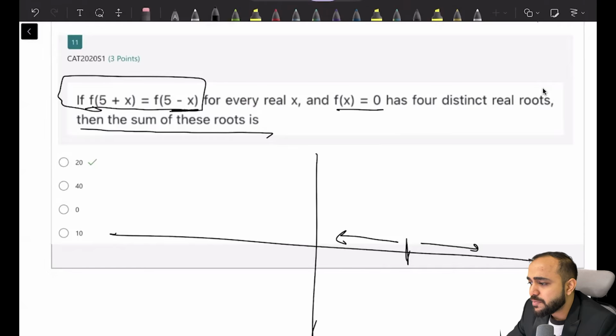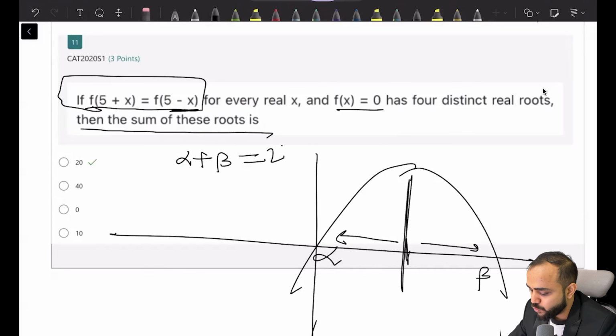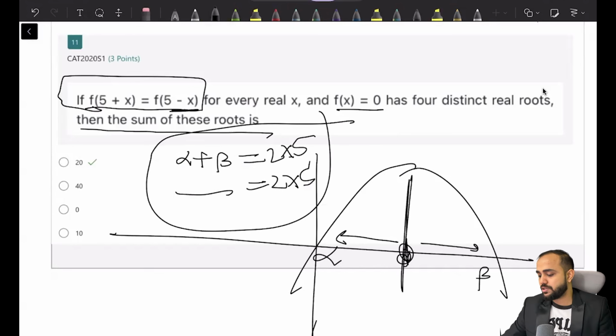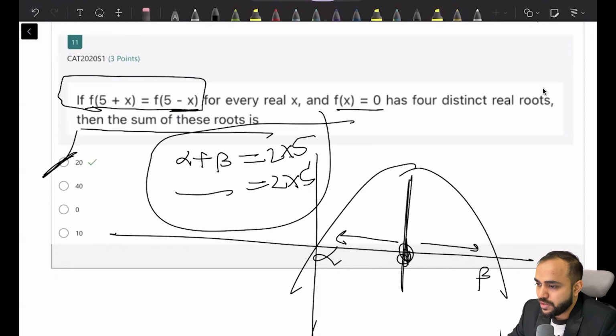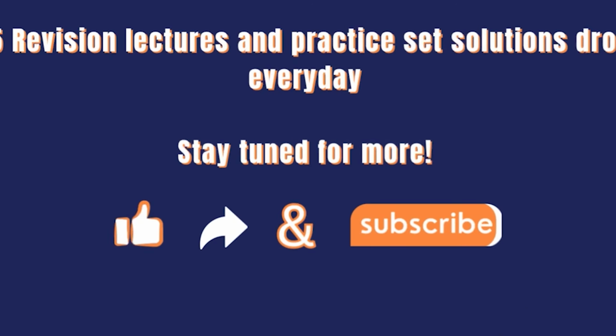So the function is symmetrical around 5. So let's say alpha and beta are one pair of roots, so alpha plus beta is going to be 2 into 5. The other two roots' sum will be equal to what? 2 into 5, and overall their sum will be 10 plus 10, which is 20. Yes.